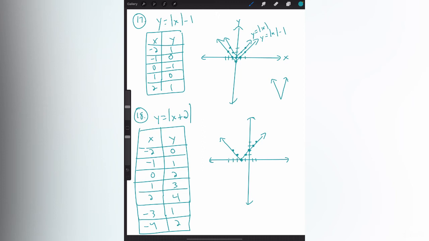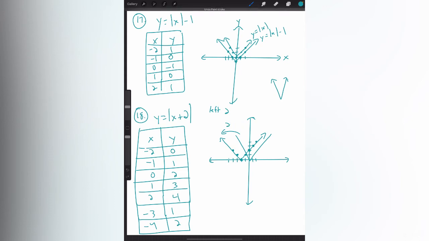Okay, so I was able to plot all those points and realize that I added 2. Remember when I added 2 inside parentheses, that moved it to the left 2? Well, check it out. I've moved my vertex from 0, 0 over to negative 2, 0. So my parent function, which started off looking something like this, has been shifted this way 2 units.